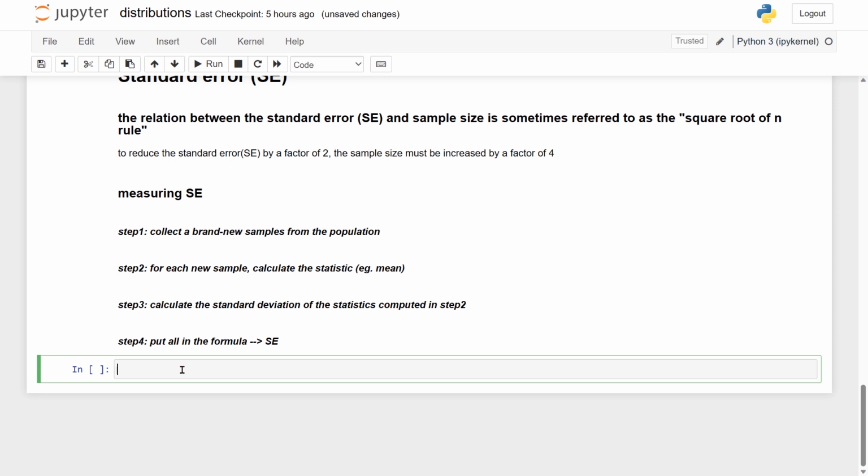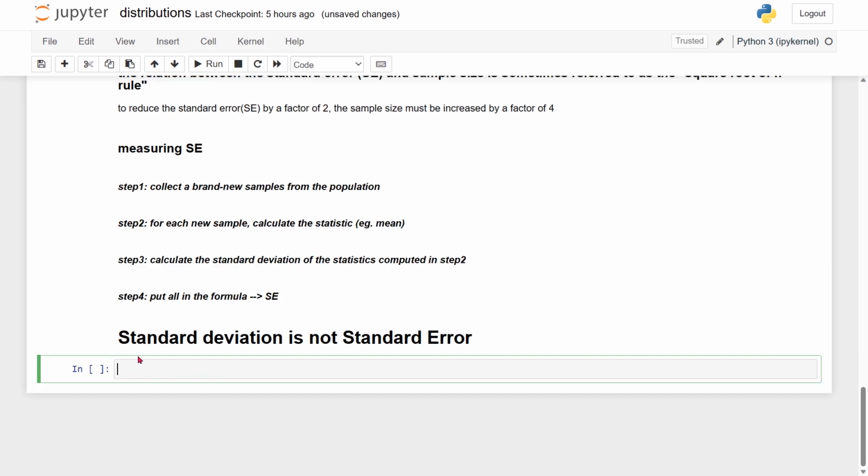Okay, before we wrap up this standard error, I just want to make sure of one thing: standard deviation is not standard error. Again, I just want to repeat, standard deviation is not standard error. Do not ever confuse a standard deviation, which measures the variability of individual data points, with standard error.